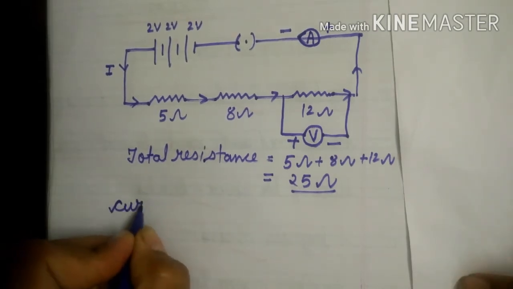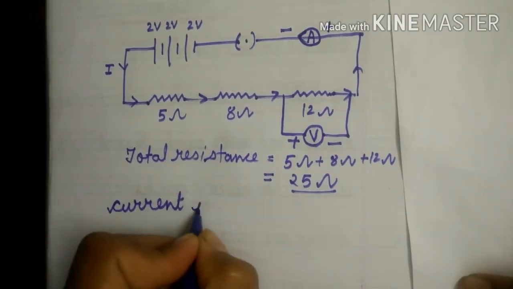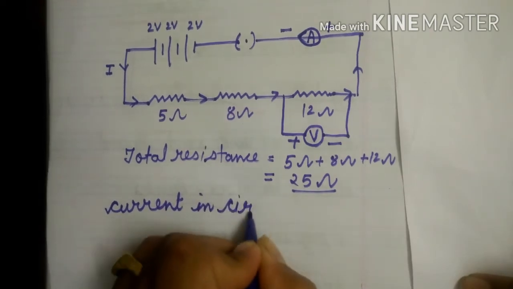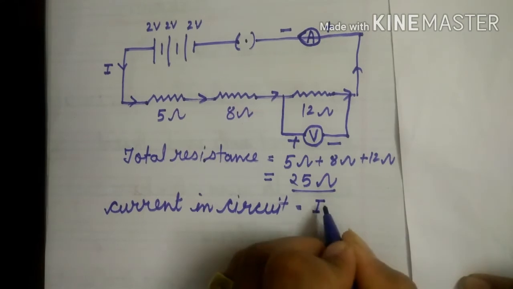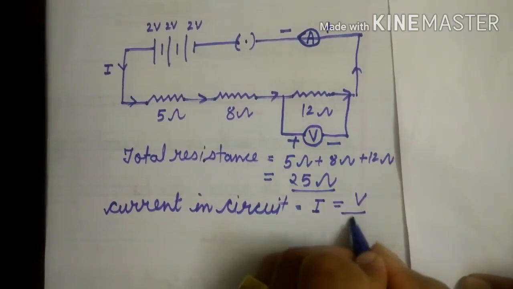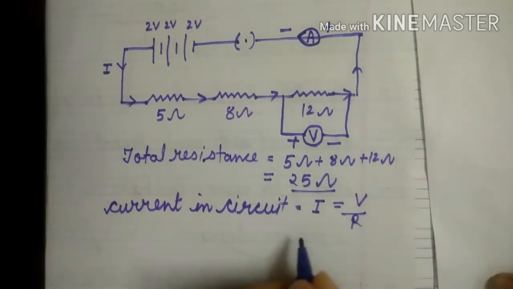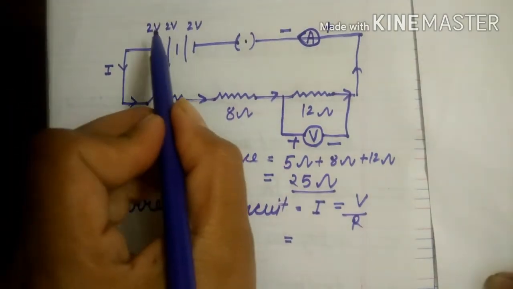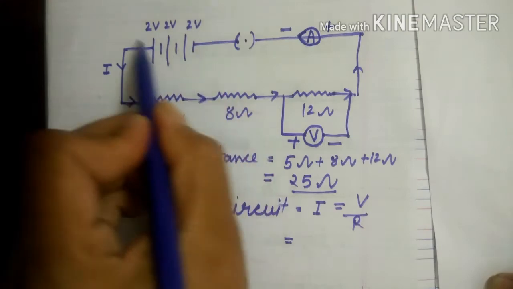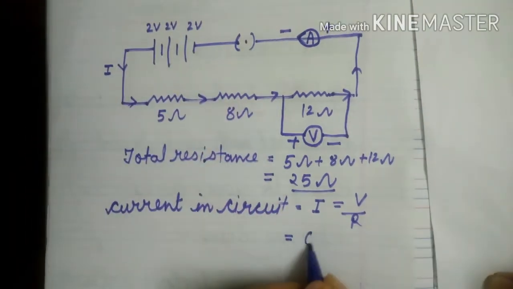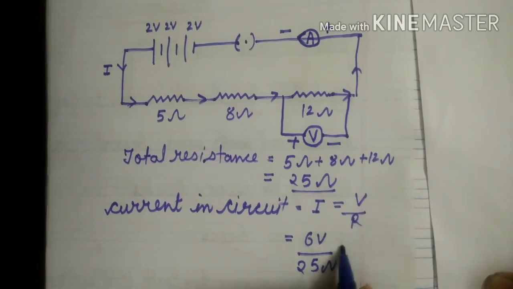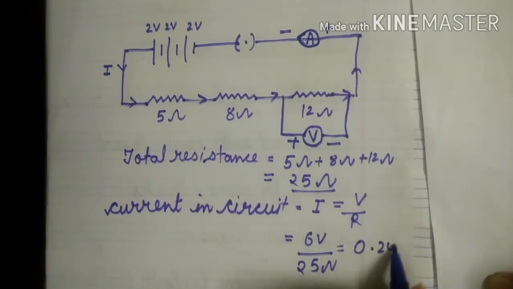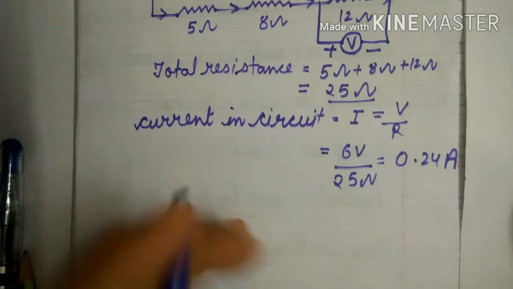So current in circuit, I is equal to V upon R. Okay. So put the value here. V is equal to 6 volt. 2 volt, 2 volt, 2 volt means a 6 volt battery is here. So 6 volt, R total 25 ohm. So our answer is 0.24 ampere.